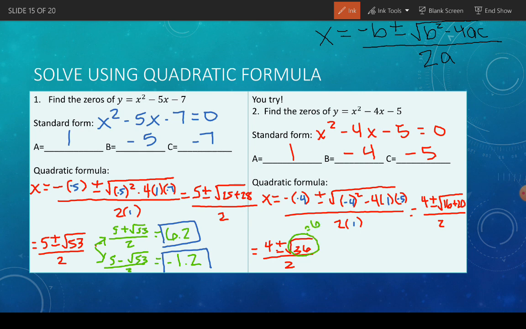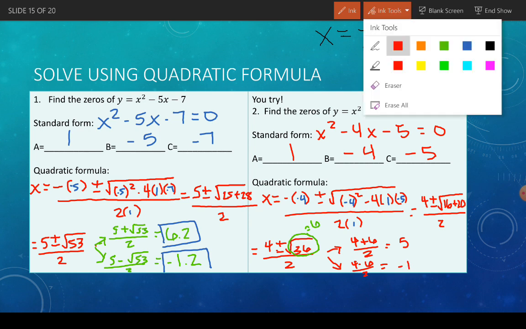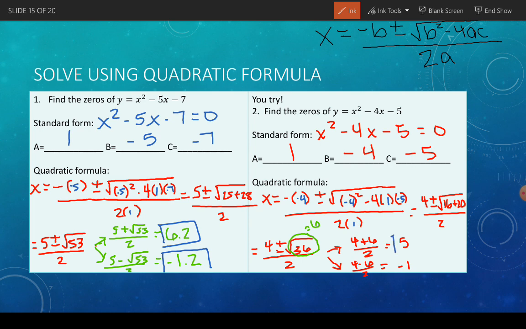So we can write out our two equations to solve. Our first equation would be 4 plus 6 over 2. And then our second would be 4 minus 6 over 2. So our first zero is going to be 5. 4 plus 6 is 10, divided by 2 is 5. And then 4 minus 6 is negative 2, divided by 2 is negative 1. So the zeros to this quadratic is 5 and negative 1.